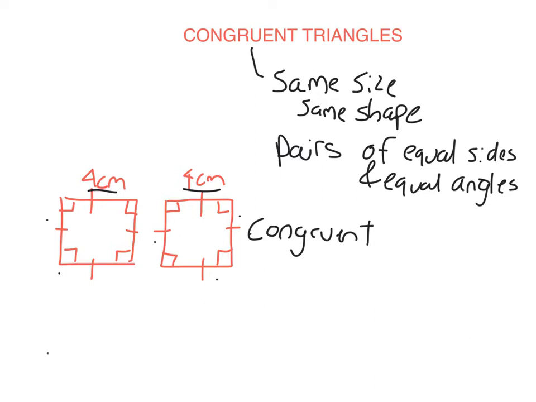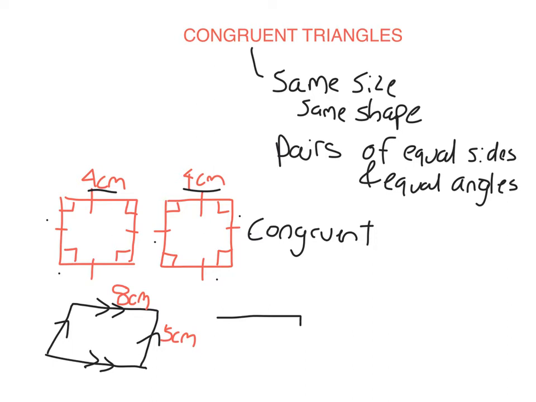So for example, I could draw something like this, a parallelogram, but not a rectangle. So perhaps this side here might be 8 centimeters and going up might be 5 centimeters. I could easily draw a rectangle that has those dimensions. So I'll just draw this rectangle, and let's say this is 8 centimeters and 5 centimeters.